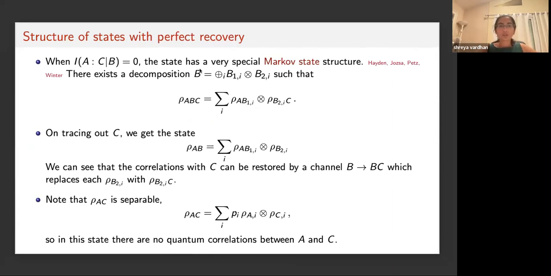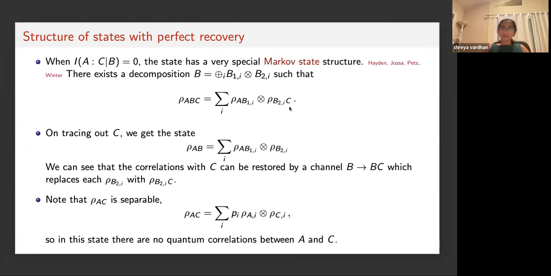In this setup, you also know that the state has the Markov state structure, which means that there exists some direct sum of direct products between some B1i and B2i, such that you can write the state rho ABC as a sum of tensor products, which look like this.